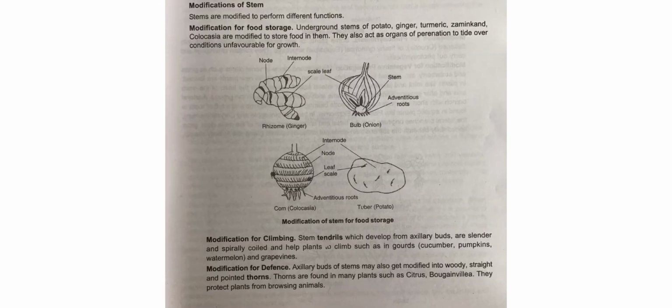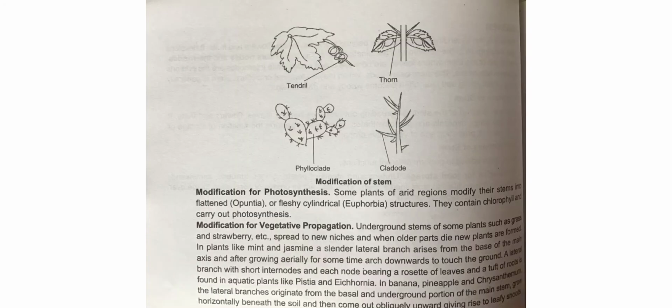Now I will show you some of the other diagrams with full labels. These are important to draw in your classwork so that the concept is clear in your mind. Now how to write, I have shown you here. Modification for food storage, the description, the diagrams, then modification for climbing, then modification for defense, modification for photosynthesis, modification for vegetative propagation.